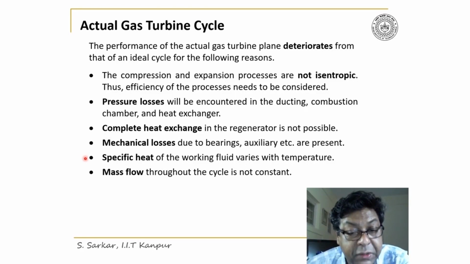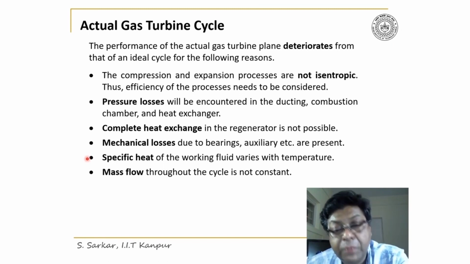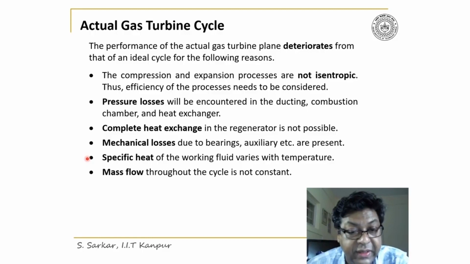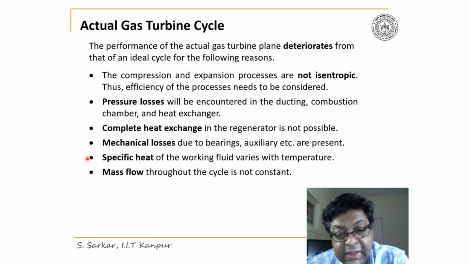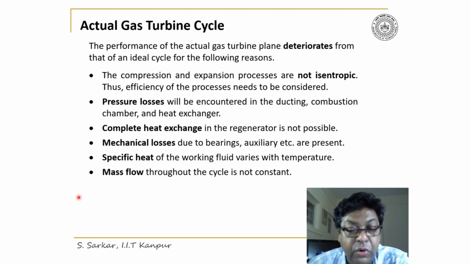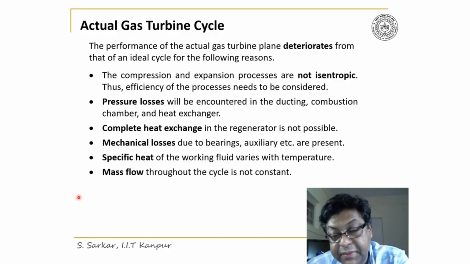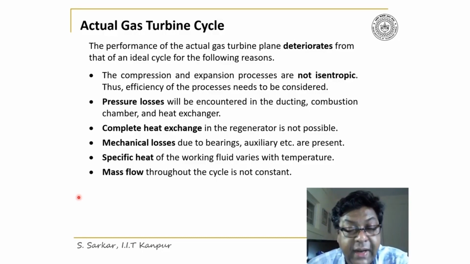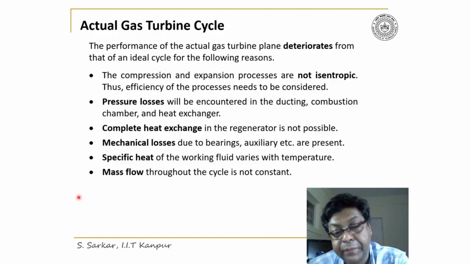Then the specific heat of the working fluid varies with the temperature. They are not constant. And the mass flow rate throughout the cycle is not constant. So the mass flow rate in the turbine would be more than that of the compressor because of fuel addition in the combustion chamber.